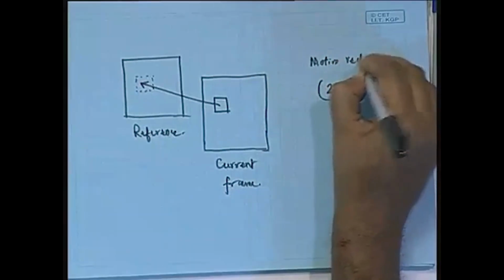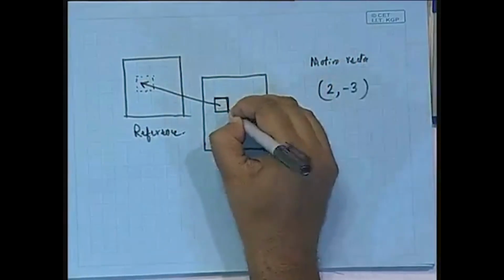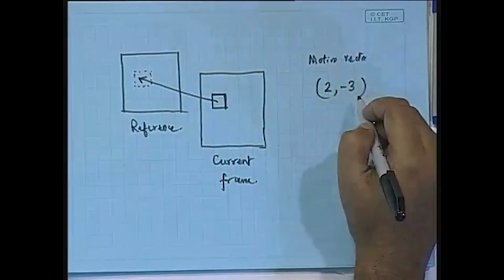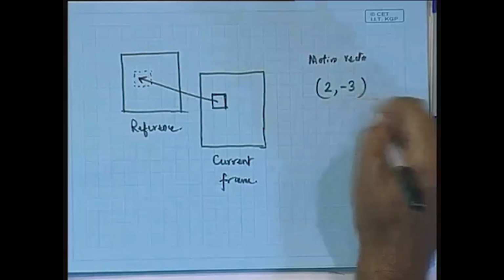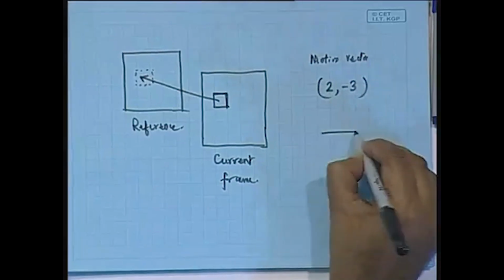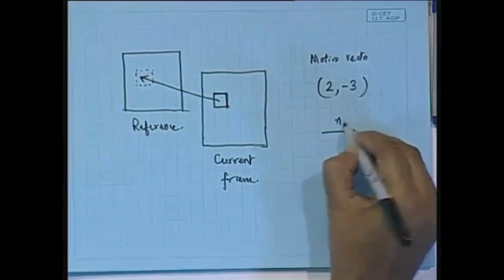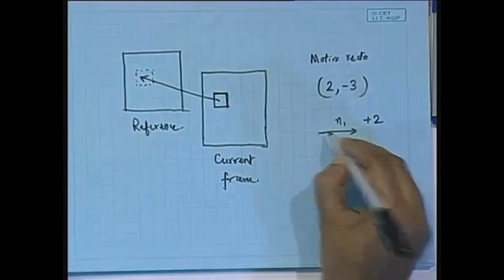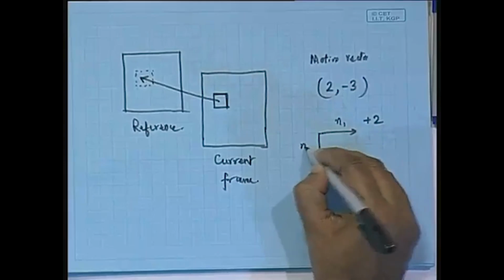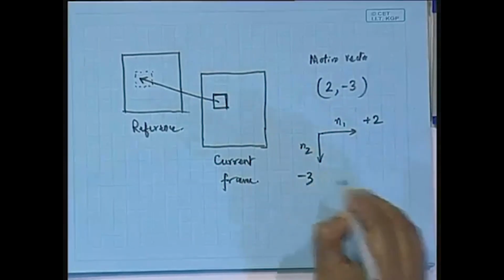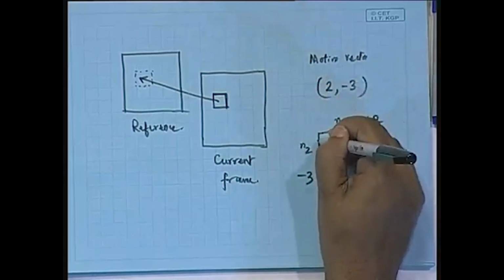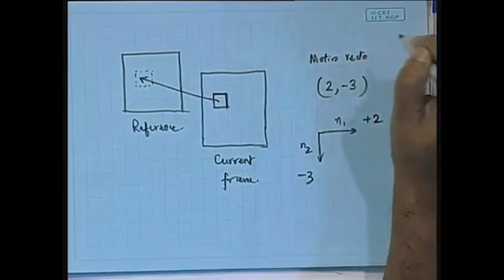That I take a candidate block, and if I apply a displacement of plus 2 units in the n1 direction, this is the n1 direction where we apply a displacement of plus 2 units, and this is the n2 direction where I apply a displacement of minus 3 units. That means to say that I go by 3 units up over here.